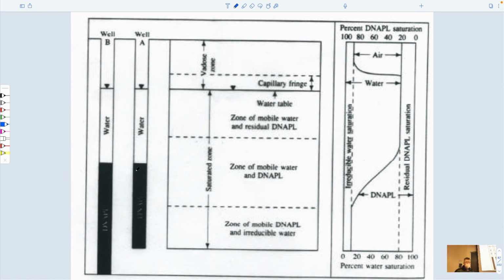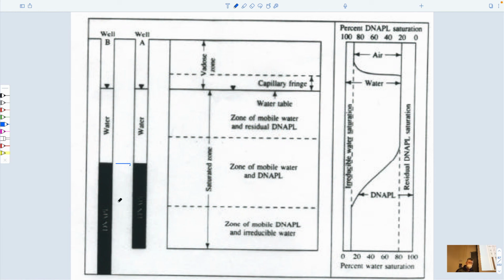If you think about drilling a well bore in it, then the height of the DNAPL that will appear in it is given by some upper boundary. If you drilled a deeper well, then because it's kept on going, it will fill up to the same height, but it will give an apparent thickness which is much deeper because your well just happens to be deeper.